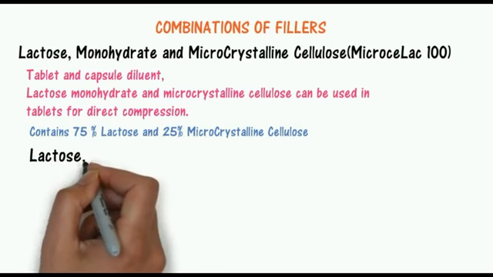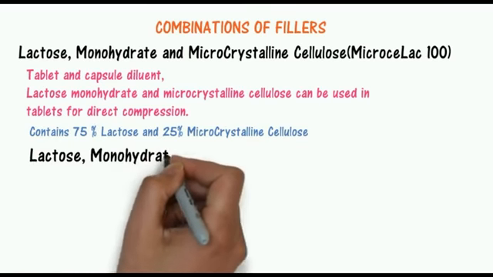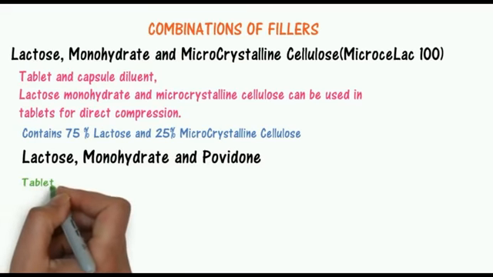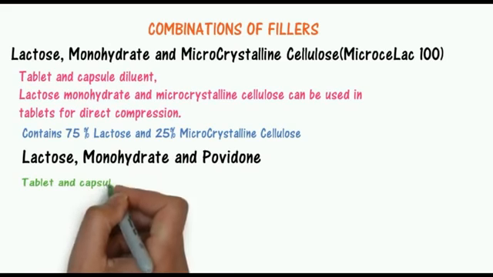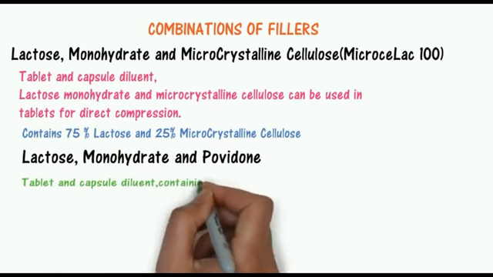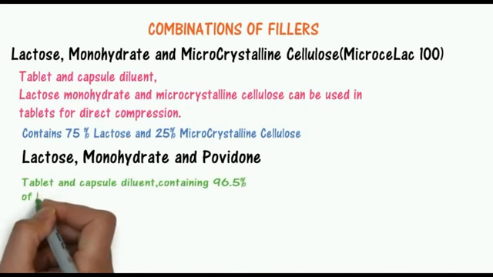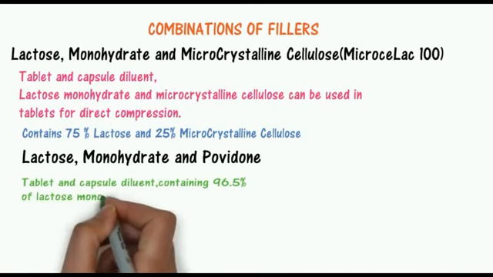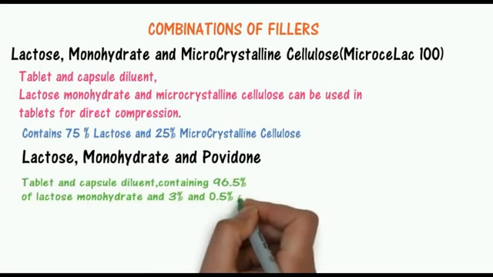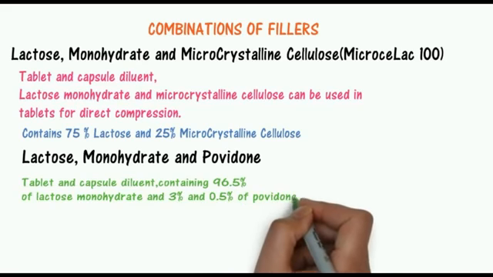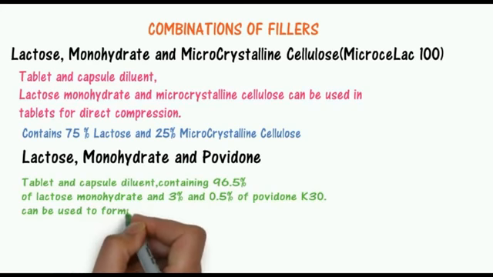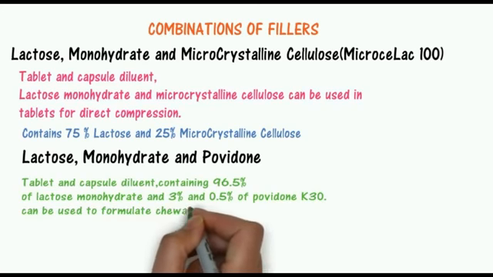Next one is lactose monohydrate and povidone K25 or K30. This is a tablet and capsule diluent containing 96.5% of lactose and the remaining portion is povidone K30.